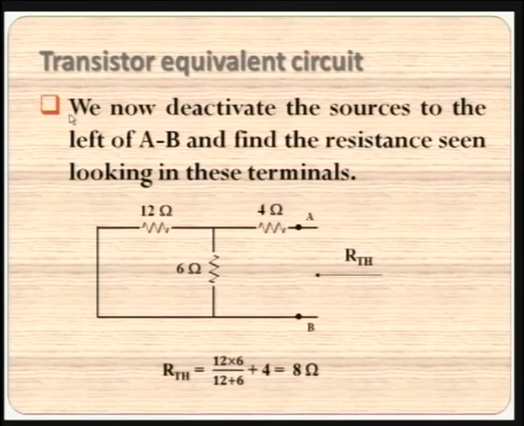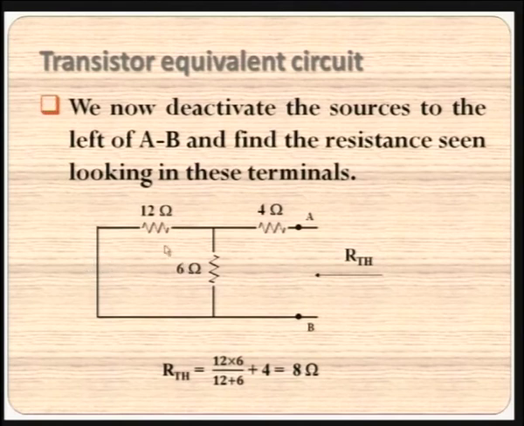Now after finding the ETH, what should we do? We need to find the RTH. Let us make an attempt. We now deactivate the sources to the left of AB and find the resistance seen looking at these terminals AB. As explained, we have to short circuit the voltage source.